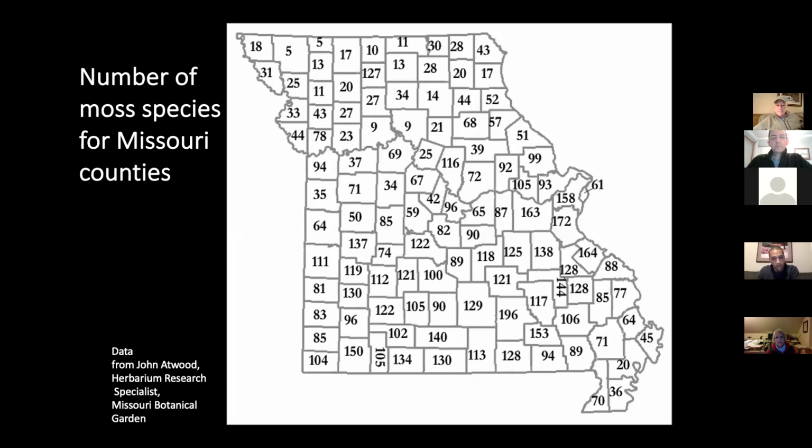And if we look at this map of moss species by county in Missouri, from John Atwood at the Missouri Botanical Garden, you can see what the distribution looks like. You'll notice that the average number of species is much, much higher in the southern half of the state versus the northern half, because that's the Ozarks, right?